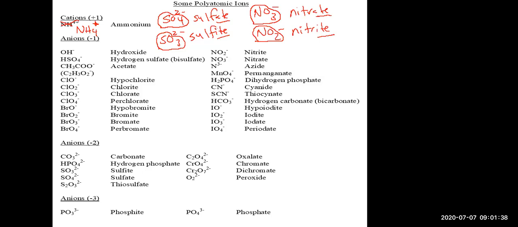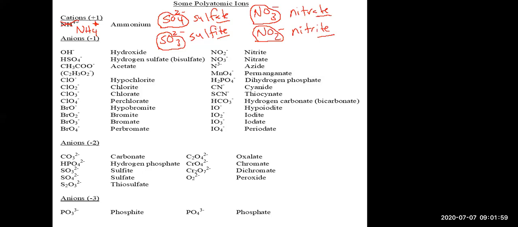Or vice versa, some people will remember all the ites and go, if I need an ate, that's 1 oxygen more. Because the only difference between those is an oxygen, you can adjust the formula accordingly. So that's a good way to put them together.